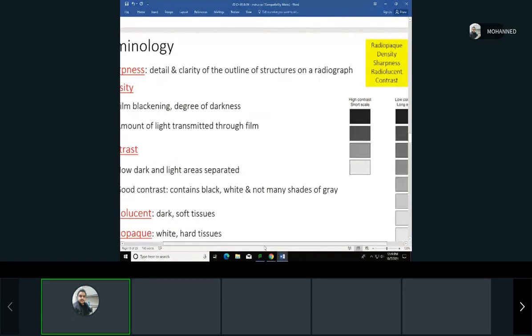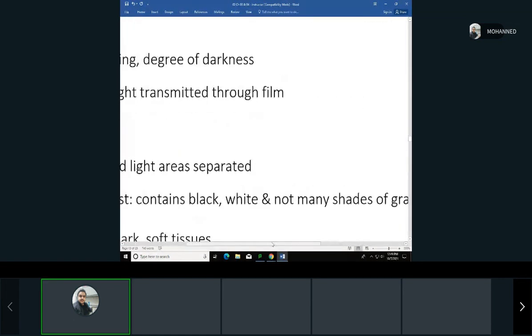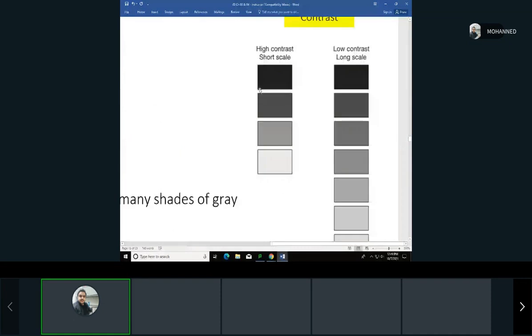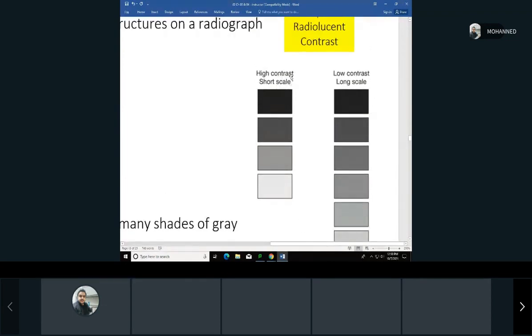So if we look at this here on the side, a high contrast is when we don't see a lot of grayish areas. Okay? This is important to understand or know. High contrast means black, white, and some gray, just not that many.